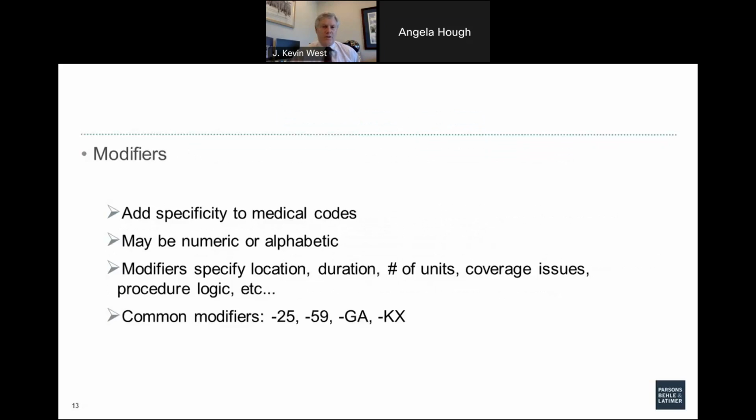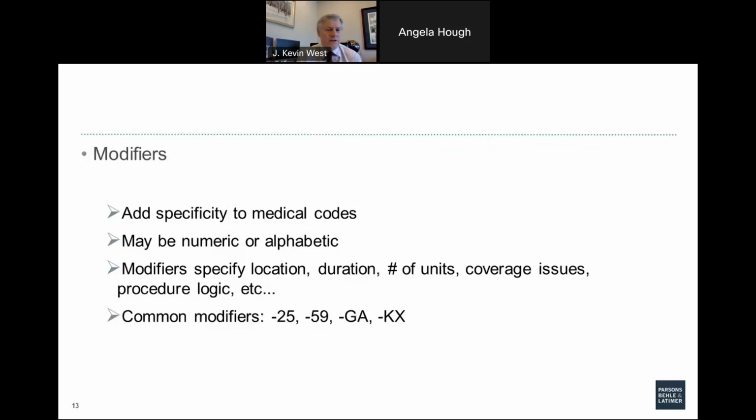So those are some basics, and then adding even more complexity, and if having to pick a diagnosis code and a procedure code were not hard enough, we then have another level here where modifiers are added to the CPT codes to provide additional information and specificity.